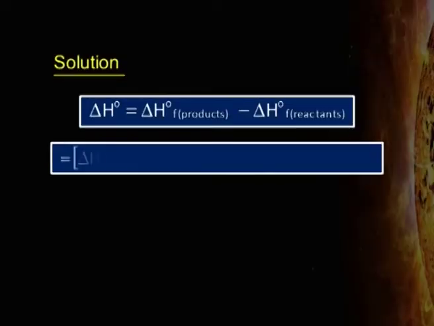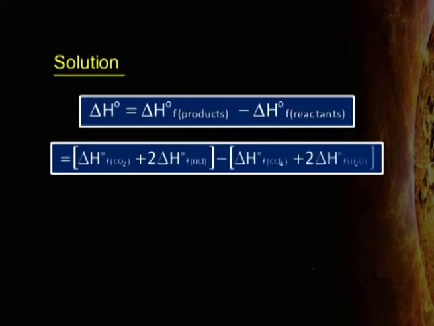Hence, putting all the values, we will get delta H naught equal to delta H naught formation of carbon dioxide plus 4 into delta H naught formation of HCl minus delta H naught formation of CCl4 plus 2 into delta H naught formation of H2O.